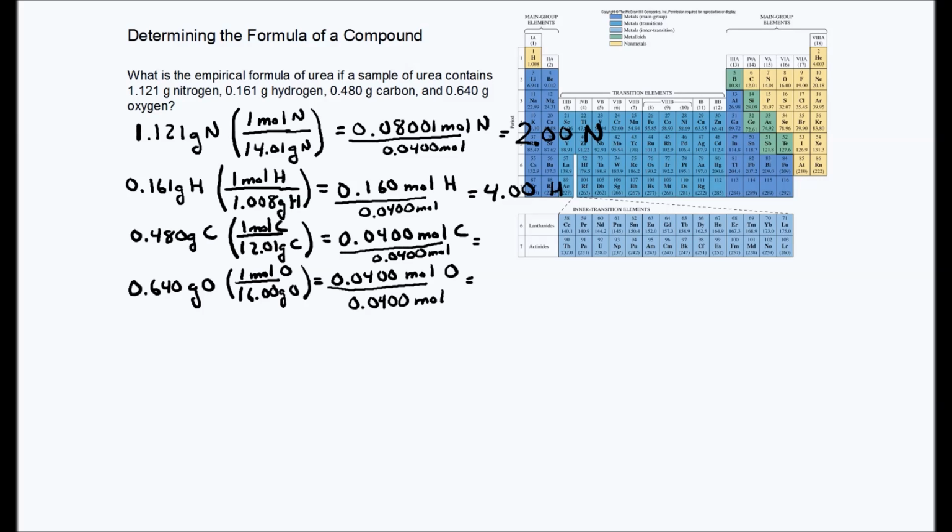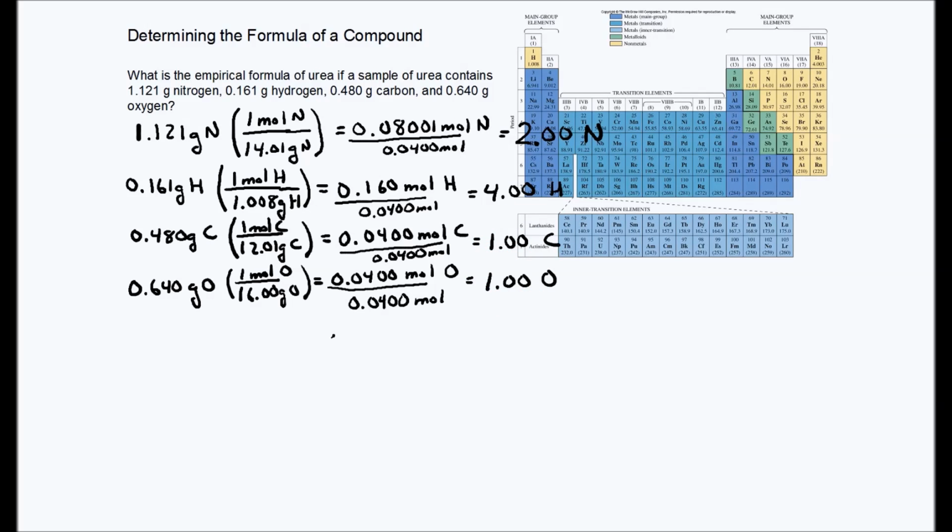That's hydrogen. And of course, 0.04 divided by 0.04 is 1, so 1.00 carbon and 1.00 oxygen. And this then is my ratio. So I have 2 nitrogens for 4 hydrogens, for 1 carbon, for 1 oxygen.